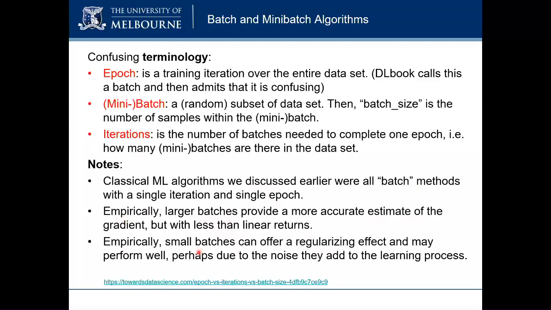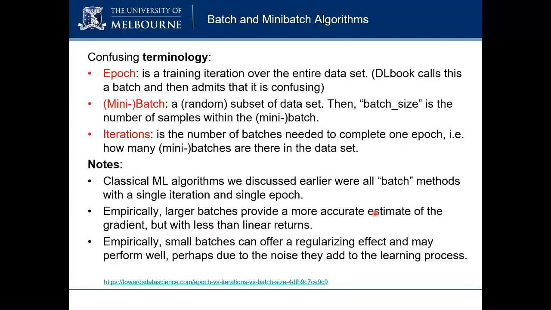So the batch size is an important meta parameter when you train a neural network. Larger batches obviously provide a more accurate estimate of the gradient, because we have discussed this. The gradient estimation is an unbiased empirical estimator, and as you increase the size, you get a better idea of the gradient, but that's computationally costly.